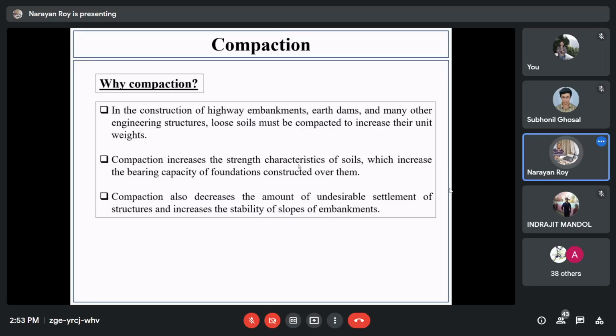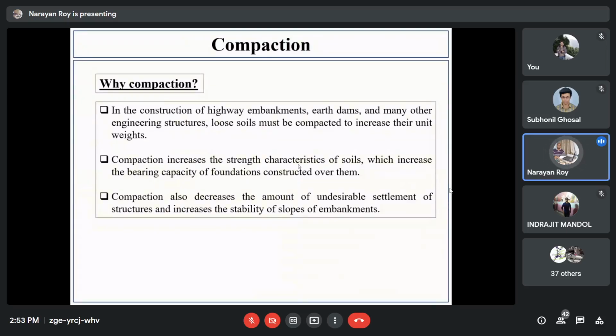That is what we aim at. If you are going to construct a foundation on loose soil, you first compact the loose soil, then construct the foundation. Then your soil will be capable enough to take the load coming from the foundation.